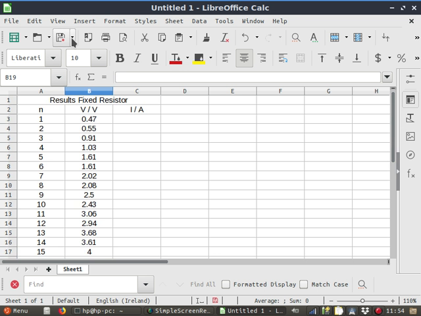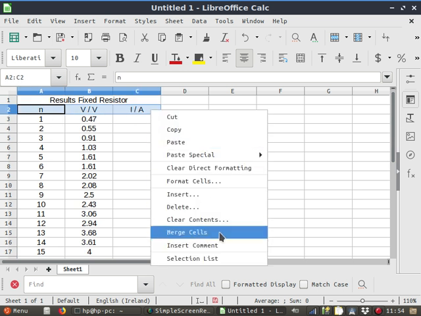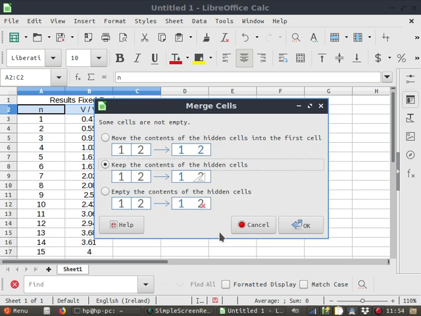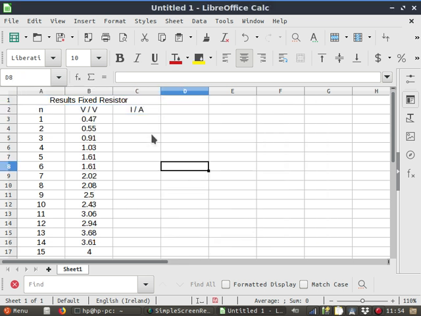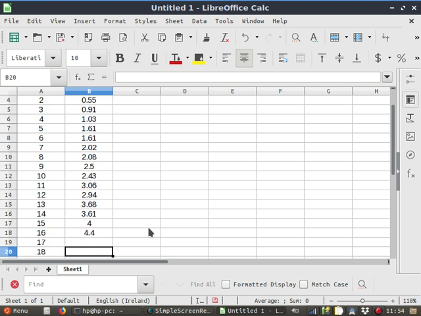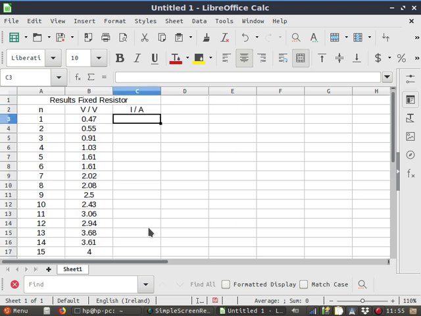What you do is you highlight them, right click, and pick merge. Oh, thank you.